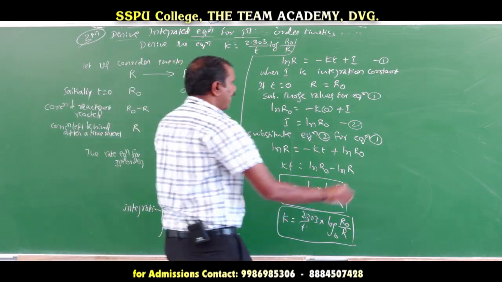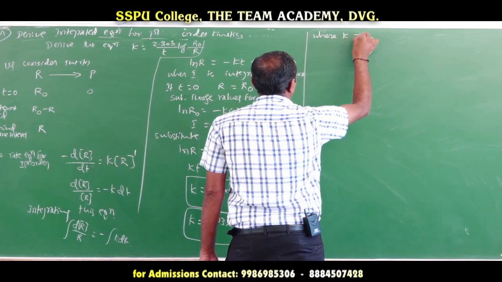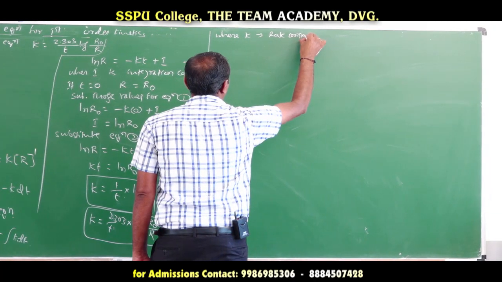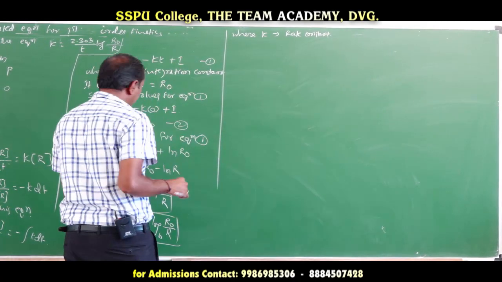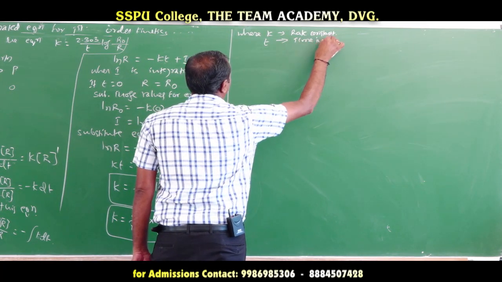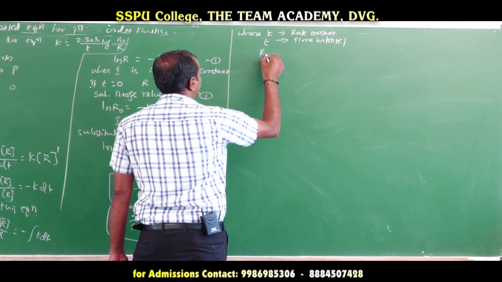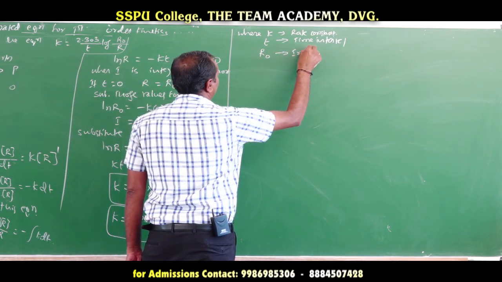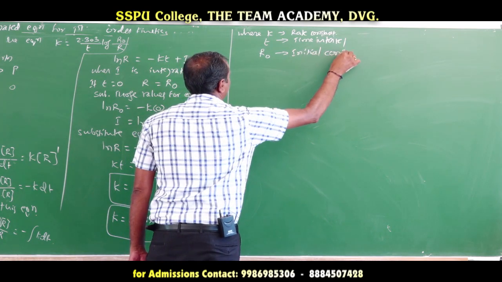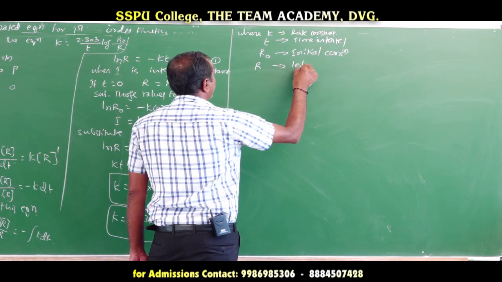Where k is the rate constant or specific reaction rate, t is the time interval, R naught is the initial concentration, and R is the left behind concentration.